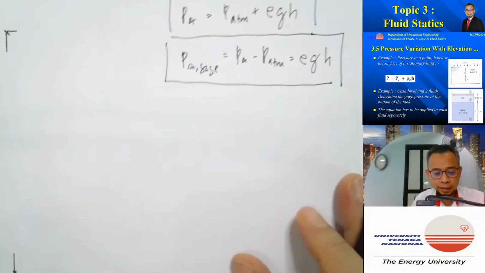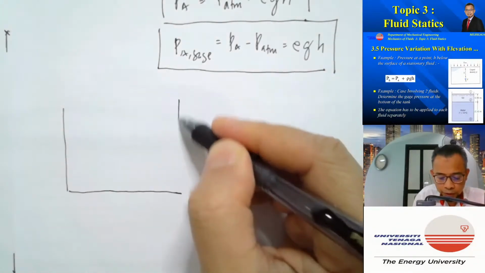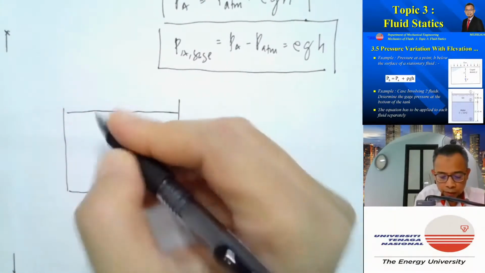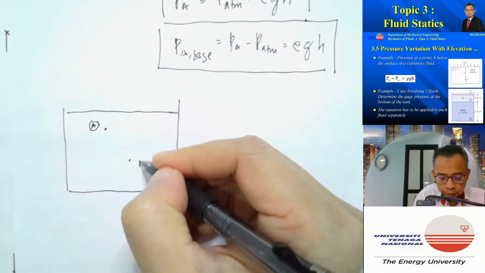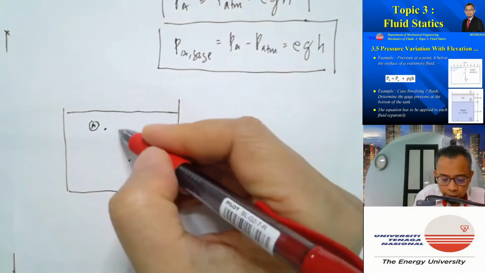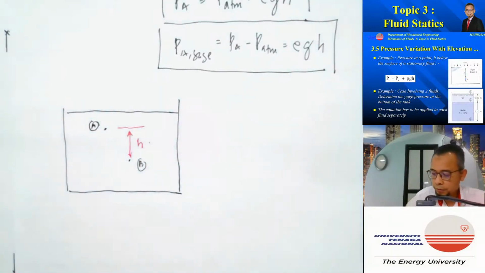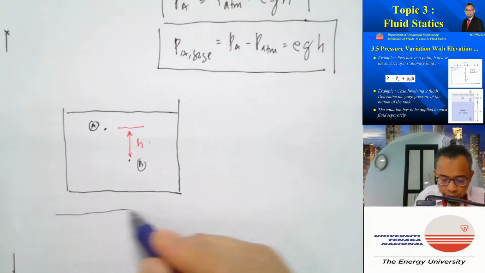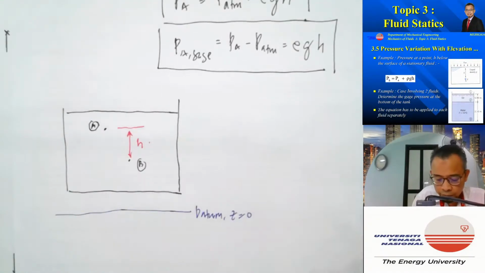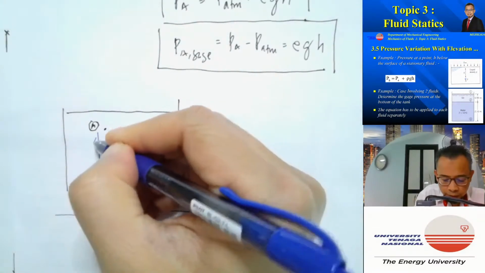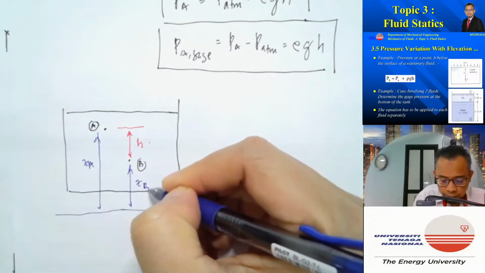Now if I extend this a little bit to consider the pressure difference between 2 points, let's say this is point A and this is point B, where the height difference between the 2 points is H. I can draw my datum again, where Z is equal to 0, and that will be my ZA, and this will be my ZB.